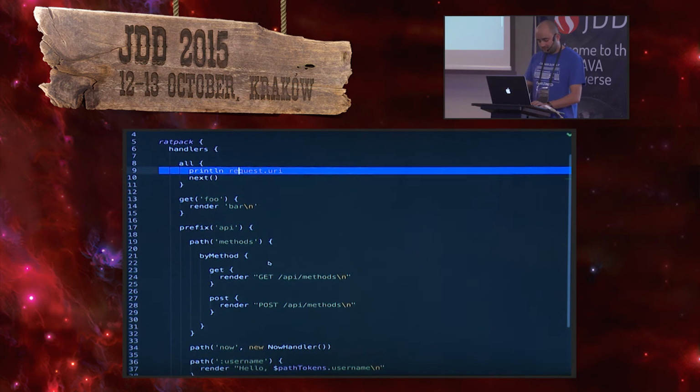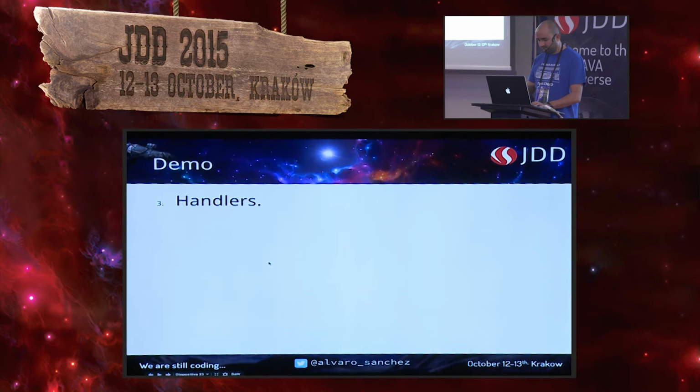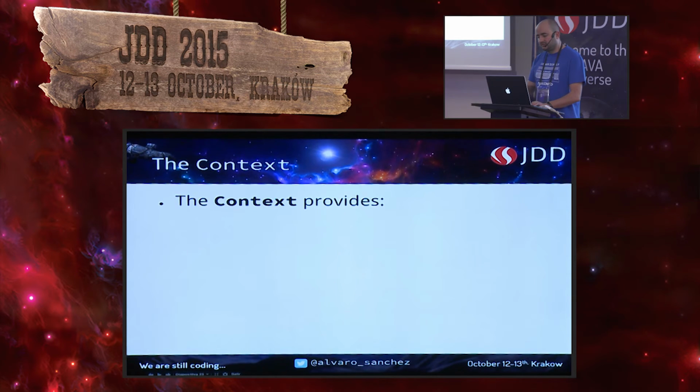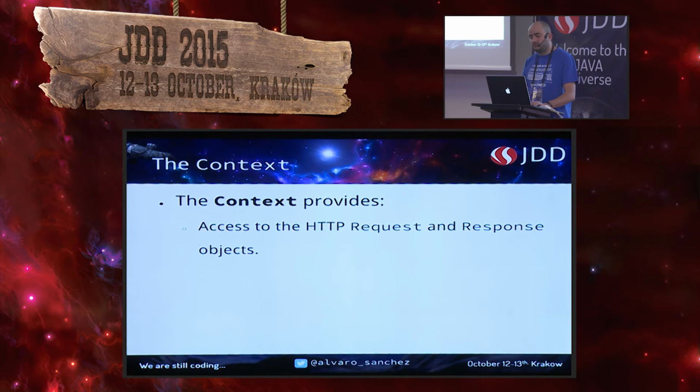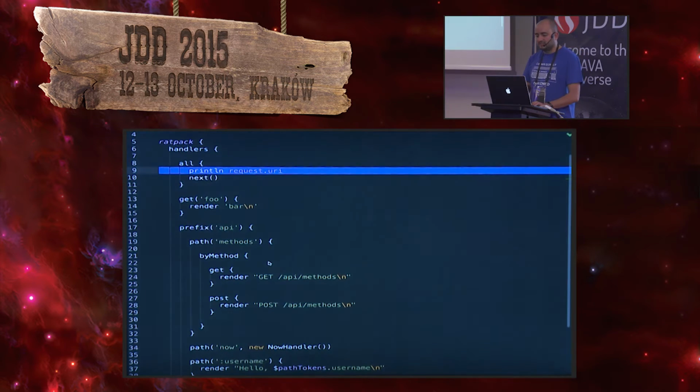All right, that's enough for handlers. The context provides access to the HTTP request and response objects and allows the handler to interact with others using the next method and the insert method. We saw before the next method here.